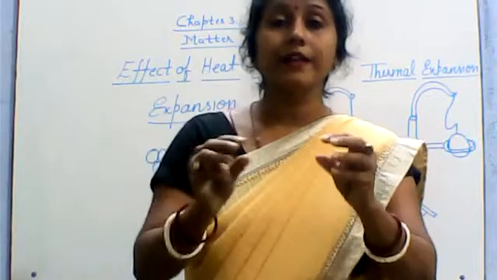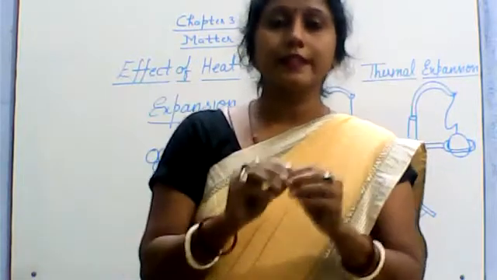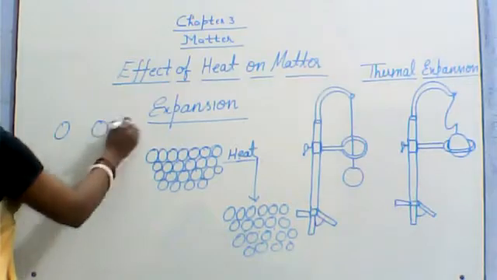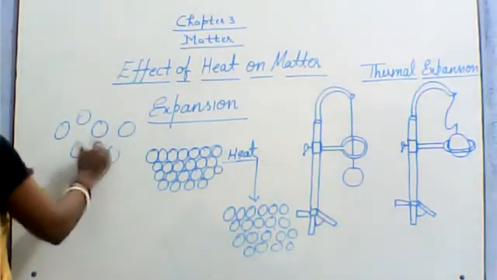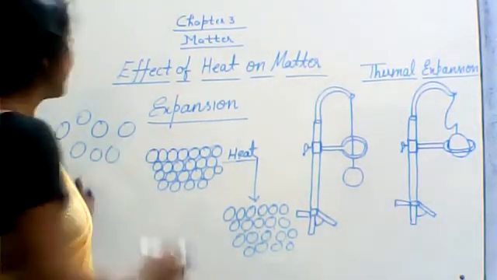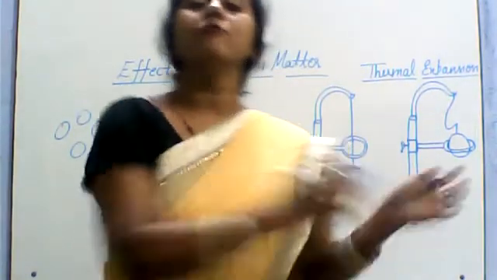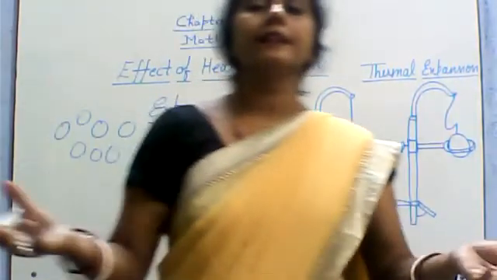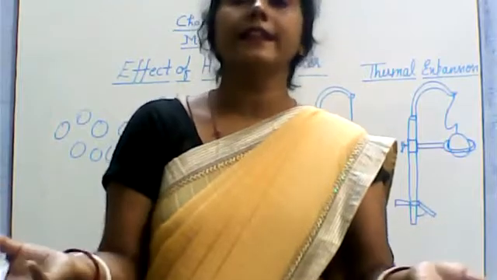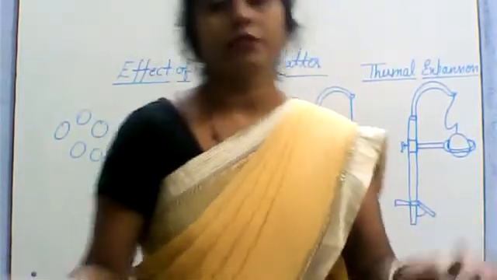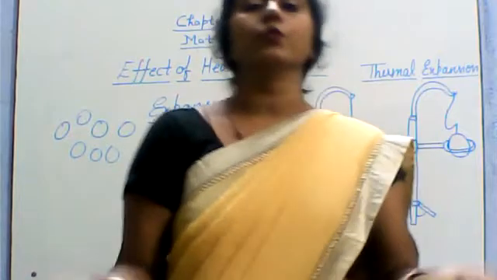But in liquids, more space is there, so when we heat it, it gets more space and expands more than solid. And gases are already far from each other, so when we heat them, expansion will be the most.